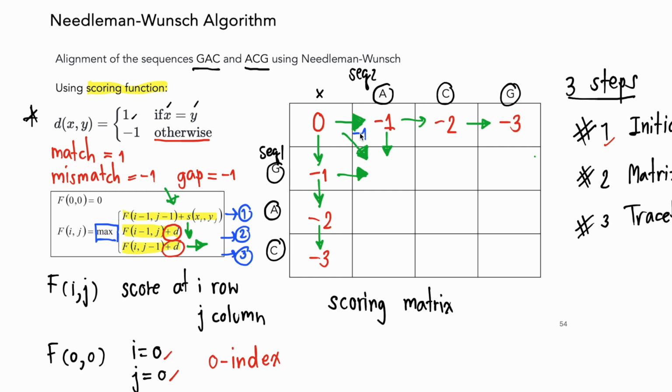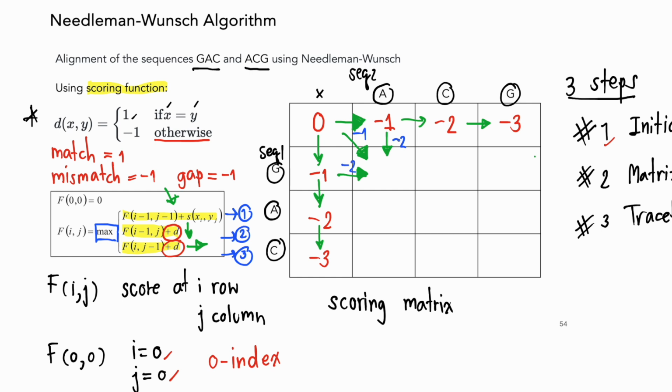And for the score of the top cell and the score from the left cell, we have to add the gap value. We will perform the addition using gap value -1. So -1 plus -1 is -2. -1 plus -1 is -2.